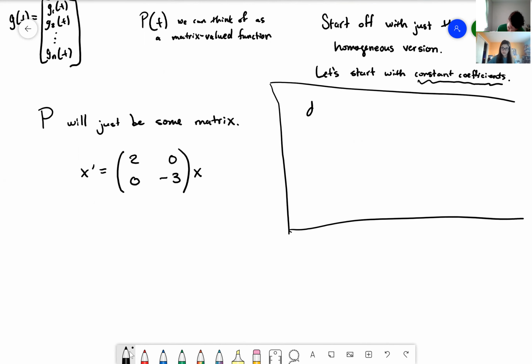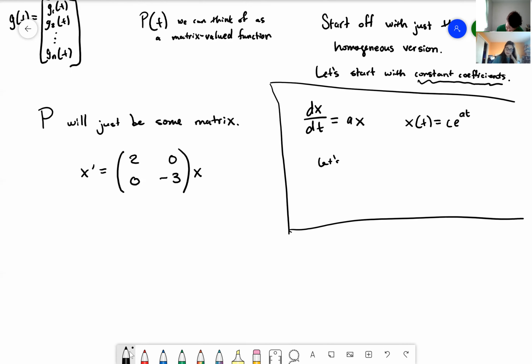This was just dx over dt is equal to some constant times x, right? So that if we just have one equation, this is a 1-by-1 matrix, it just reduces to this situation we've seen before. And these had the solution x of t is equal to c e to the at for some constant c. So this was our general solution.